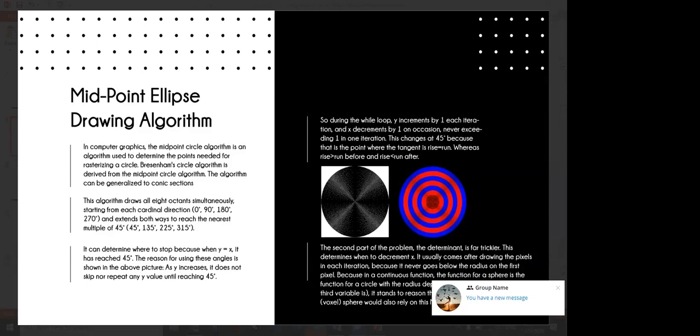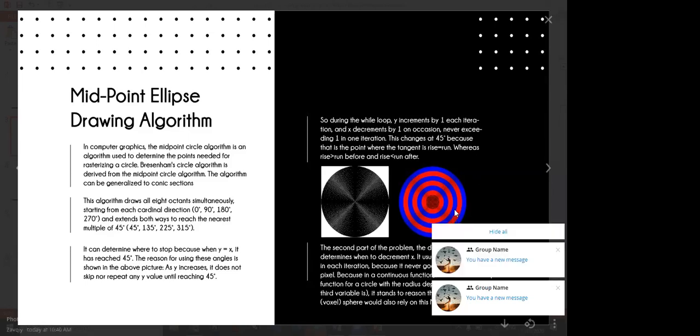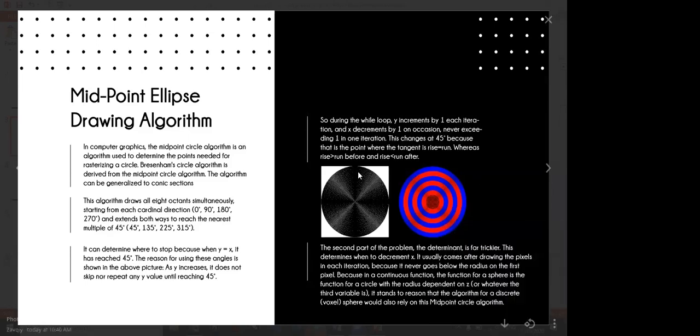If you see the picture on the right side, you see black circle lines and red, blue circle lines. At the midpoint, it looks black, but it's not black, it's mixed with the red, right?